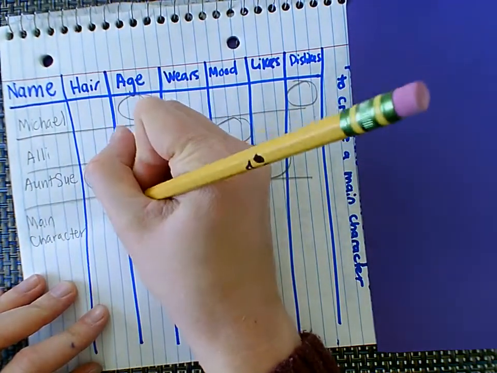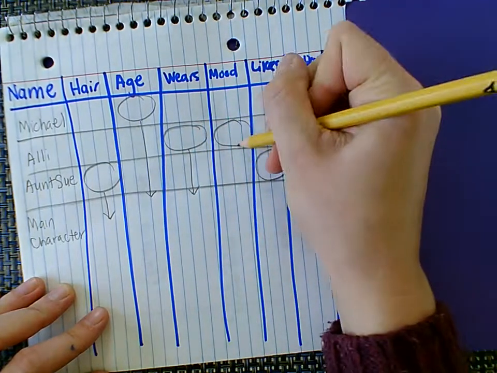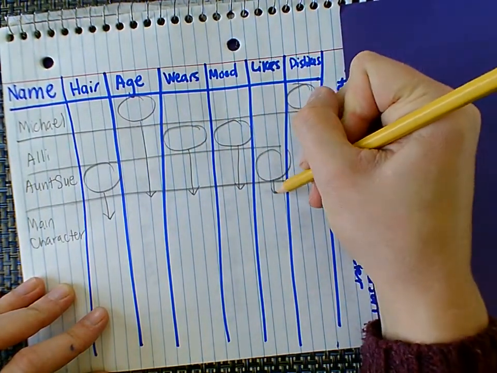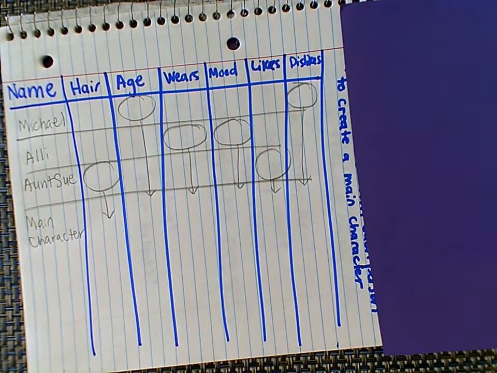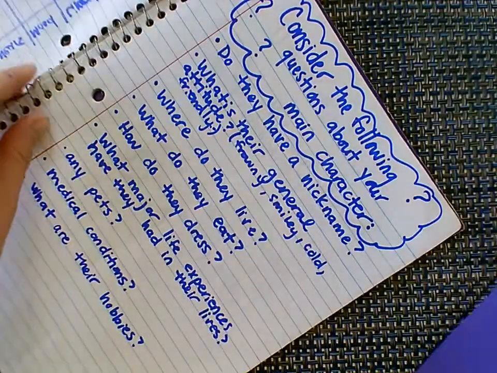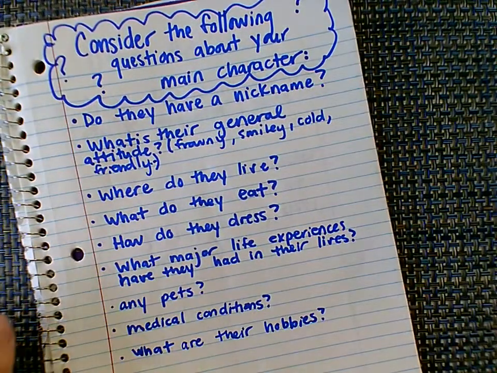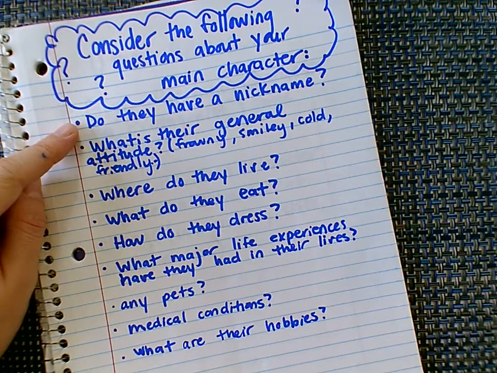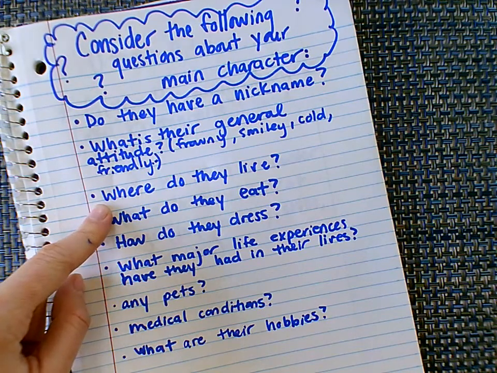And you should plug in those traits right down here, so you know who your main character is. Consider the following questions about your character. Do they have a nickname? What is their general attitude? Where do they live?